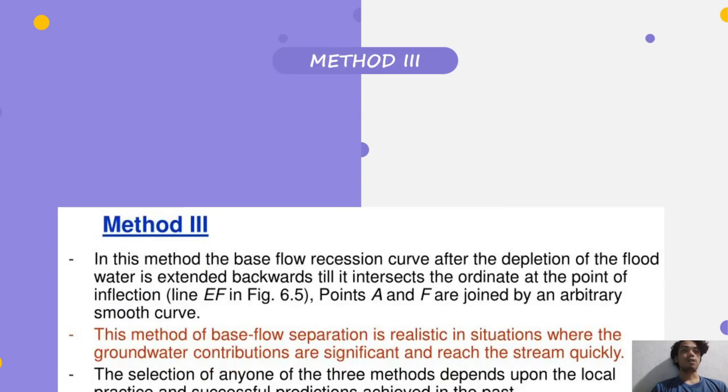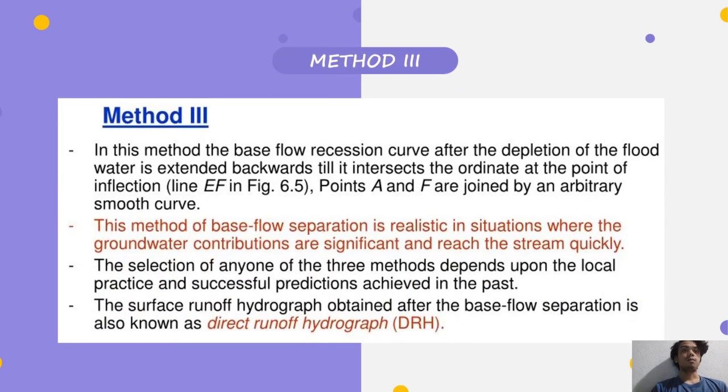And the last, method 3. In this method, base flow recession curve after the depletion of the flood water is extended backwards till it intersects the ordinate at the point of inflection. Points A and F are joined by an arbitrary smooth curve.